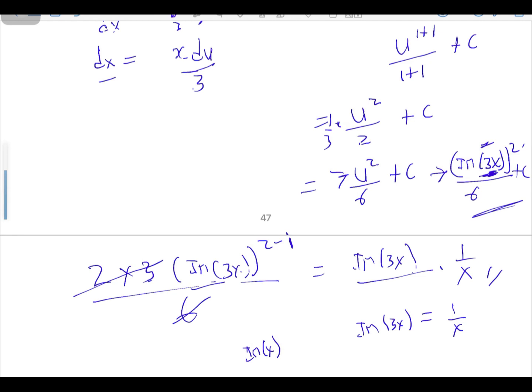If you are given ln x, the coefficient of x is 1, and therefore the differential is 1 over x. When you are given ln 3x, the coefficient is 3, so when we differentiate whatever is inside, we get 3, and we multiply that 3 by the differential of the ln itself, which is 1 over x. That's how we were able to come out with this answer. Therefore, this validates whatever we have gotten here.